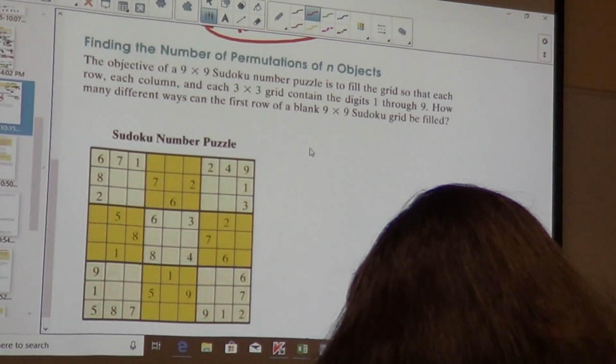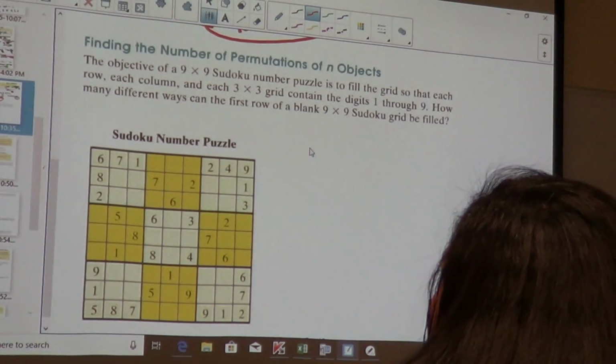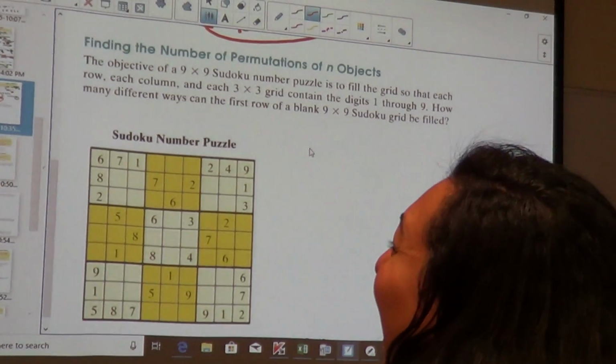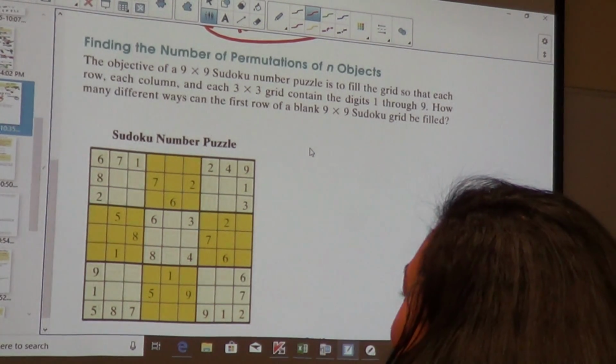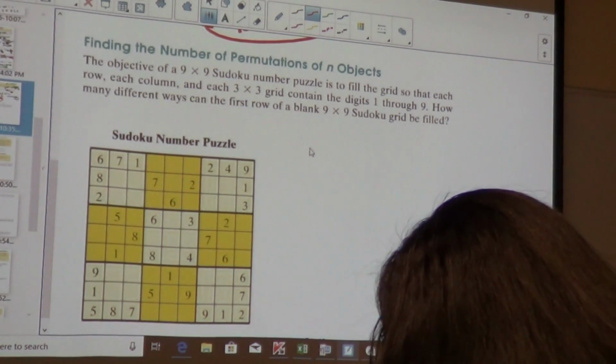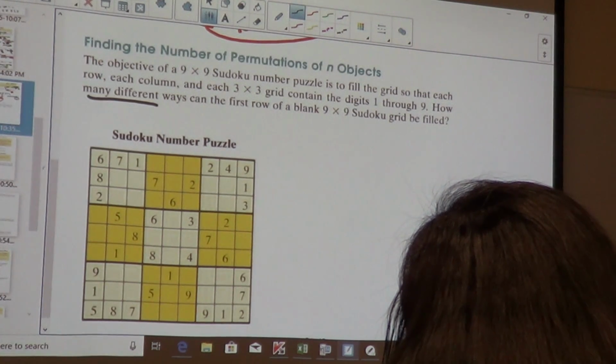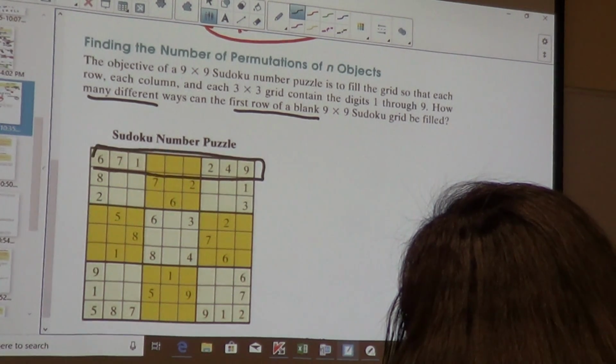You have to have 1 through 9s in the box, and 1 through 9s across, and 1 through 9s every which way. So it says, how many different ways can the first row of a blank Sudoku be filled with 1 through 9?